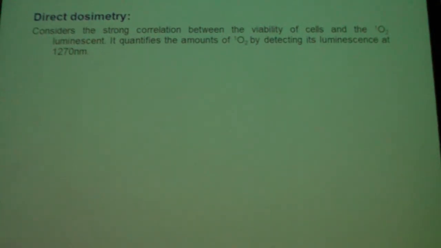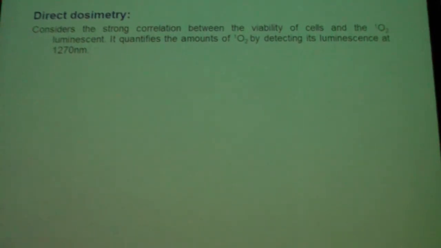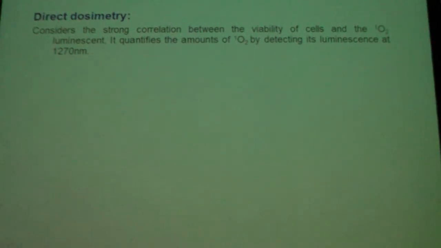Because they believe that the whole technique is based on the generation of reactive oxygen species, they try to monitor the amounts of reactive oxygen, and then based on those amounts, they can optimize the efficacy of the technique.